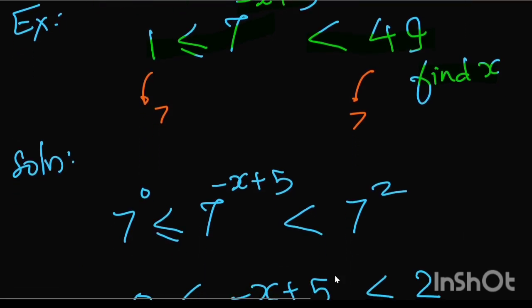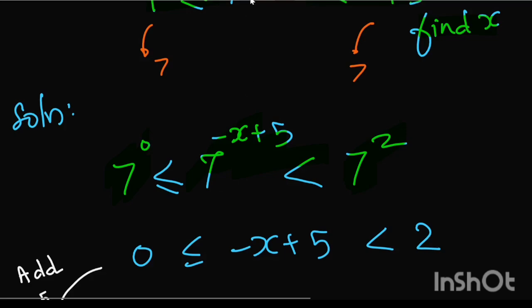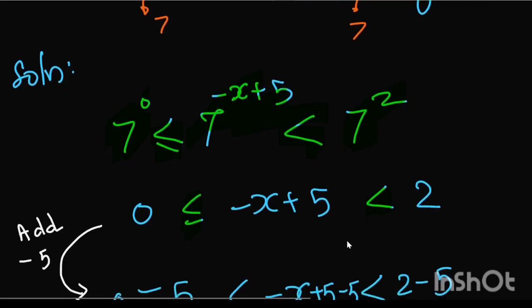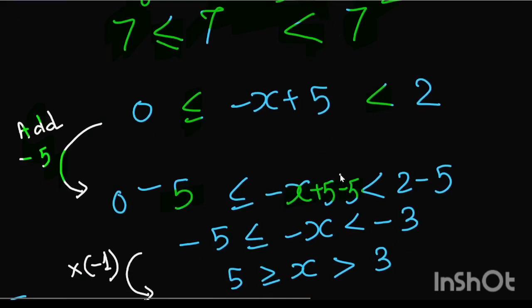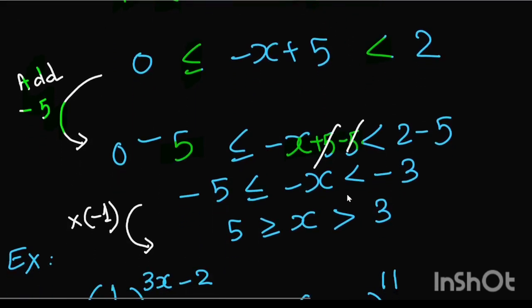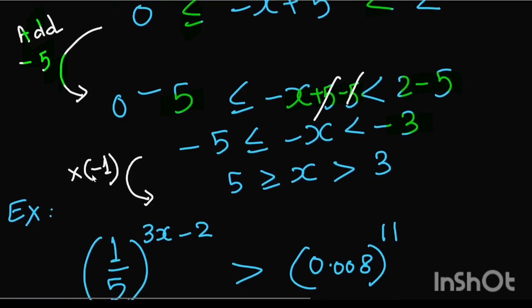So the same thing we did in the next step of the solution: 1 is 7 to the power 0, 49 is 7 square, and now they are associated by the same sign here as well as here. Now adding minus 5 on both sides, this cancels out, and this becomes minus 3. Now multiplying by minus 1, the sign is reversed and x comes between 3 and 5.